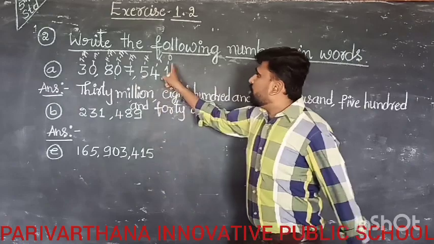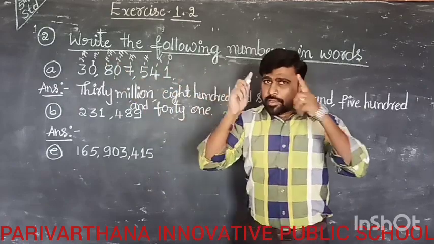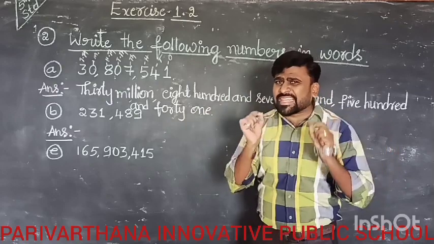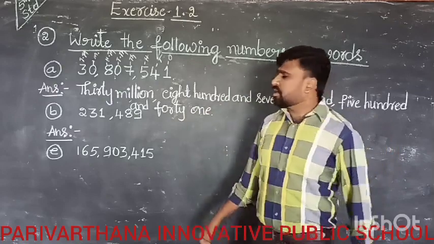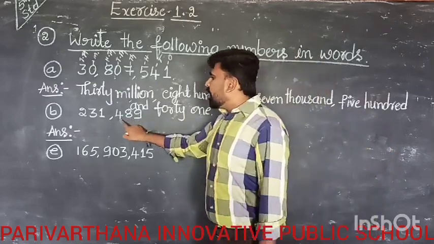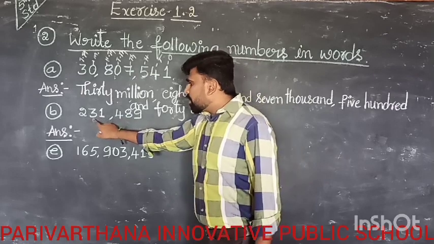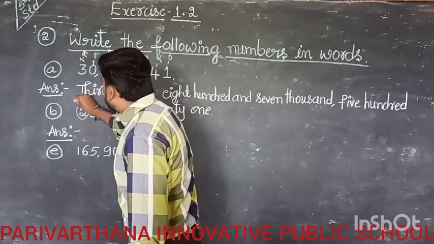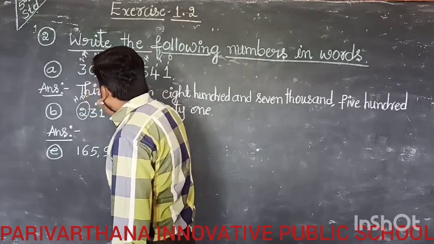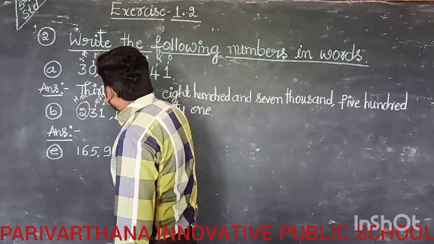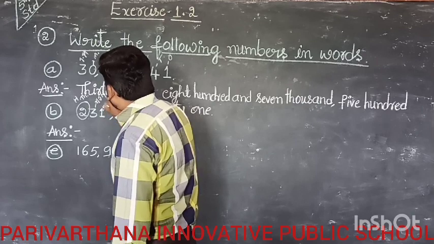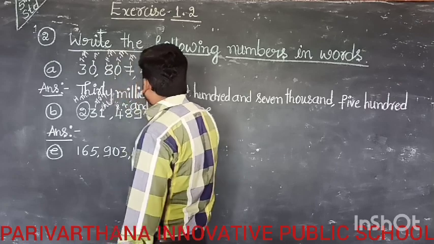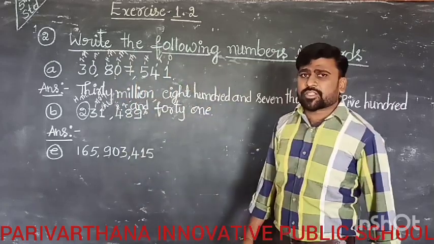Same. You have to remember this in your mind, and then you can neatly write the answer automatically. See here: ones, 10, 100, 1000, 10,000, 100,000. That means this digit is in the 100,000 place, now 10,000, now 1,000, this is 100, this is 10, and this is the ones place.